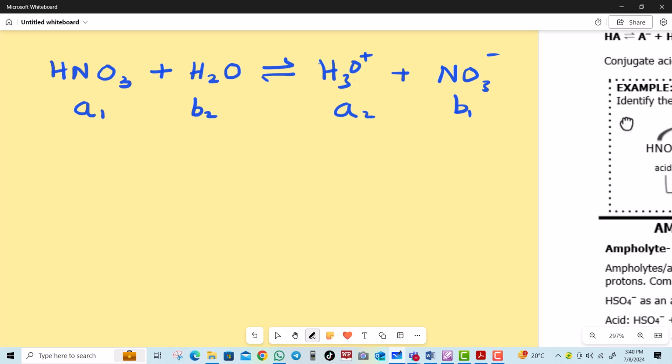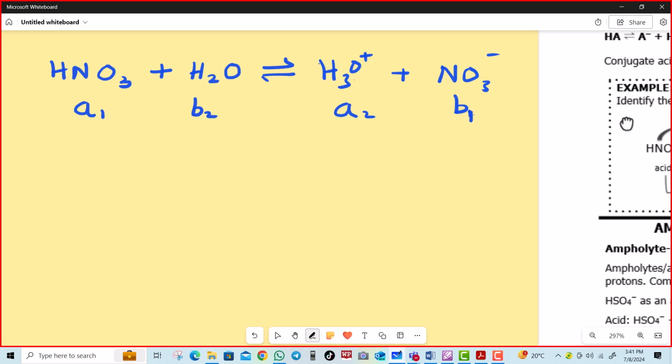I repeat, nitric acid plus water gives us the hydronium ion plus a nitrate ion. Nitric acid, because it is giving away the proton, is called acid A1. Why? Because an acid, according to Bronsted, is a proton donor. After donating the proton, it becomes NO3 minus, which is called a conjugate base. Why do I call it a conjugate base?